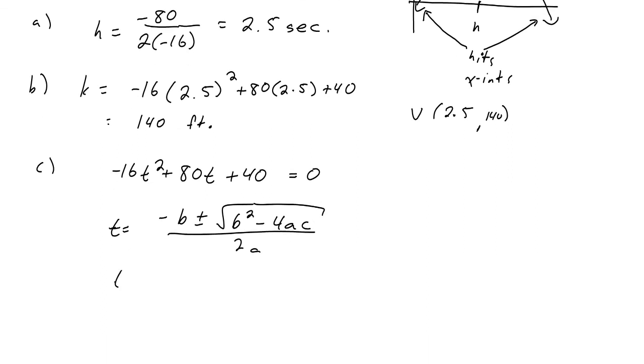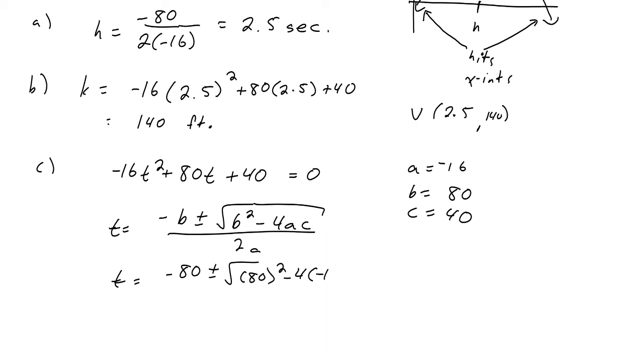So based on our a value of negative 16, our b value of 80, and our c of 40, negative 80 plus or minus the square root of 80 squared minus 4 times negative 16 times 40, all divided by 2 times negative 16.